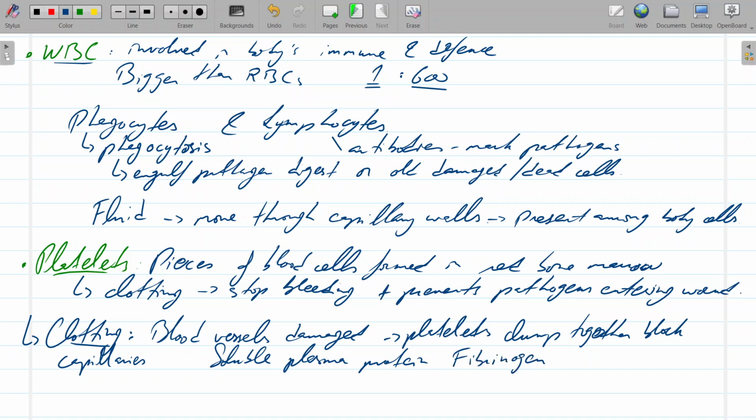Fibrinogen. And that is changed into an insoluble protein called fibrin. And what this fibrin does is it forms like a net across the wound.